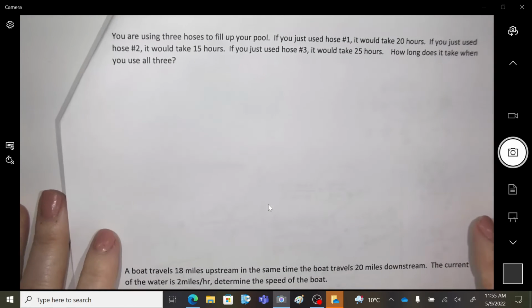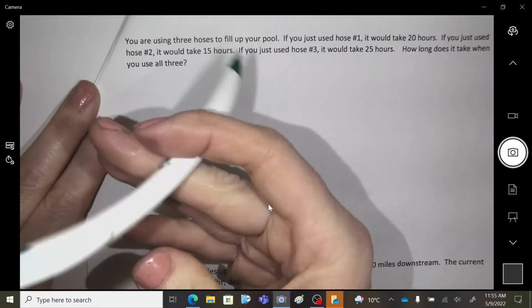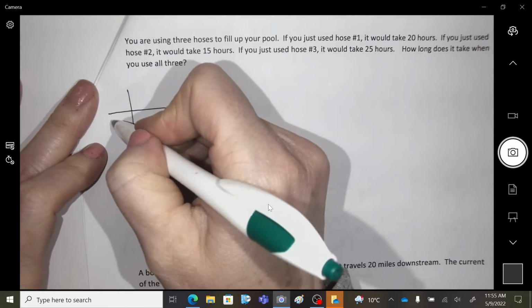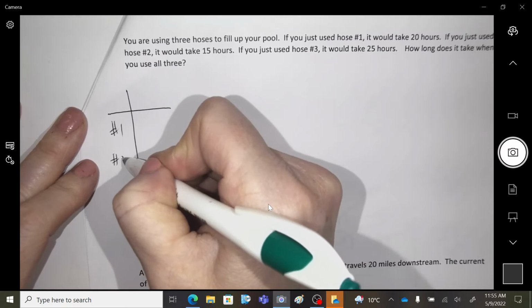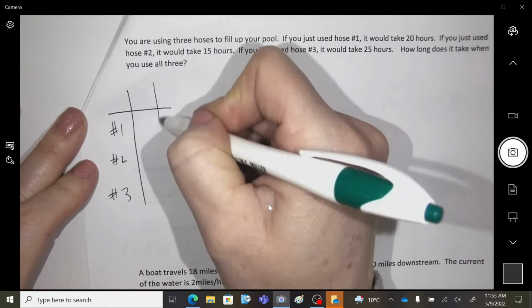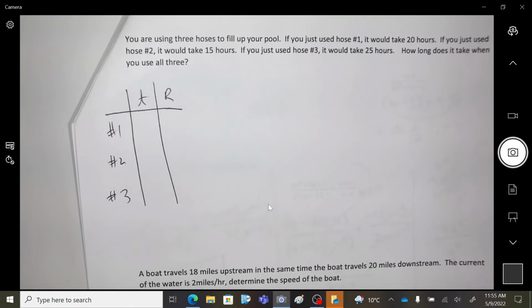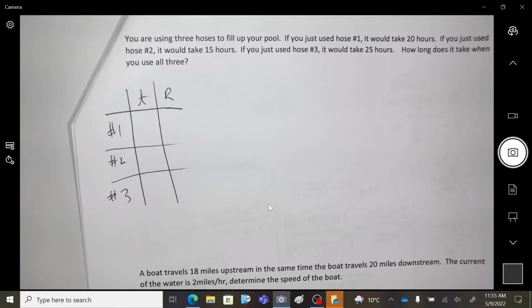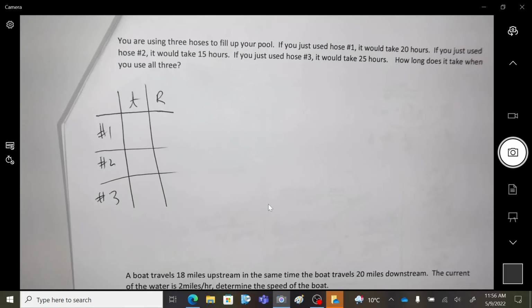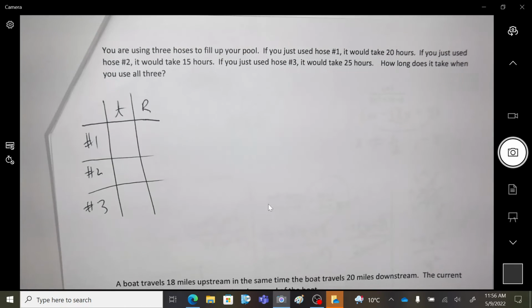Okay, we have 3 hoses that are going to fill up a pool. So number 1, number 2, and number 3, using their times and their rates. Okay, reading it.